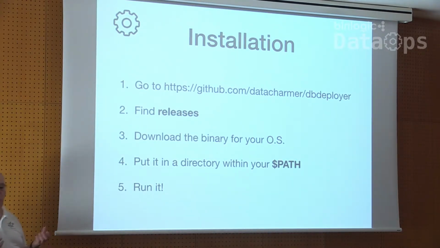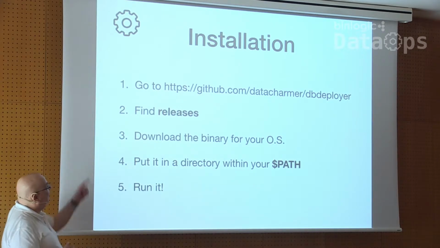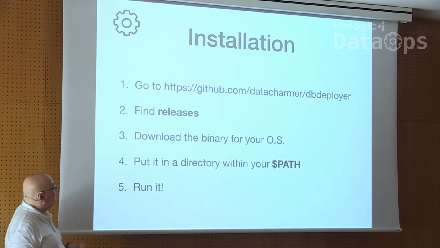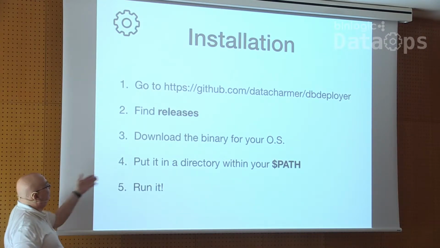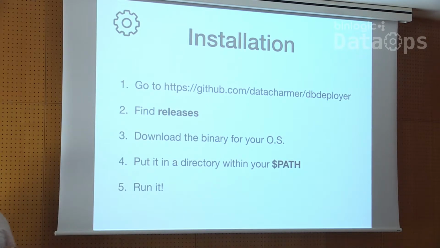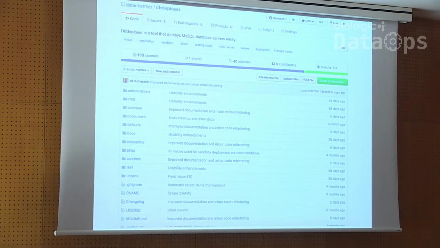So if you want to try it, you go to GitHub, DataCharmer dbdeployer, find releases, download the binary for your operating system, put the binary in a directory within your path, and then you run it. So this is the GitHub page, you see releases.